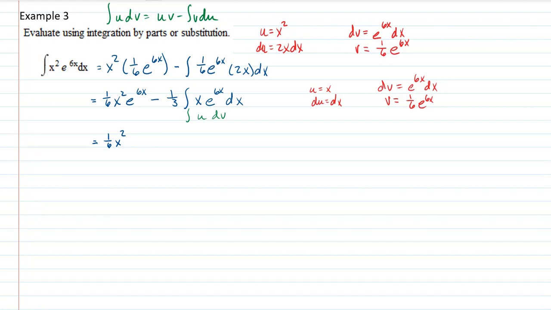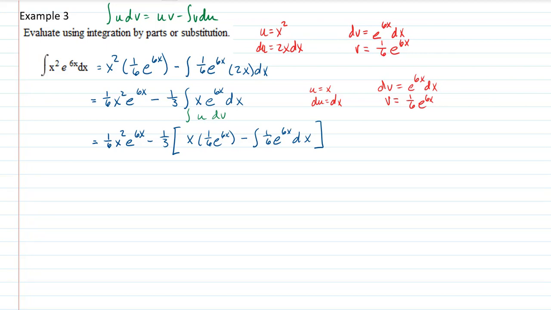So this is 1/6 x squared e to the 6x minus 1/3 times, now this is in the form, the integral of u dv, so this is going to be uv minus the integral of v du, and du now is just dx.